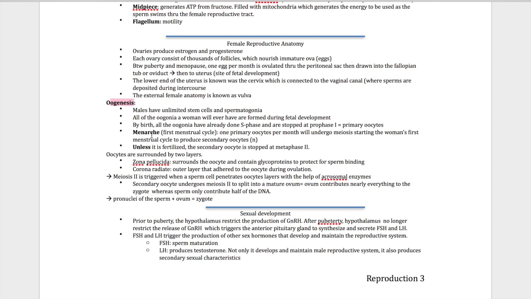And then menarche is the first menstrual cycle. Am I even saying this right? Well, okay. So one primary oocyte per month will undergo meiosis, starting the woman's first menstrual cycle, to produce secondary oocytes.